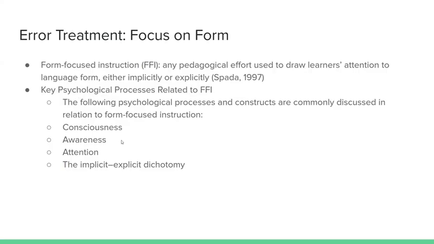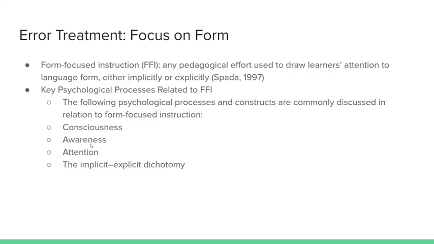Some of the key psychological processes related to form-focused instruction are the following. For example, you need to be conscious. So you have to have the consciousness and pay attention to what these forms are. For changing from the unmarked form, the present tense, to the past tense, you have to add ed or d at the end, depending on what comes before.